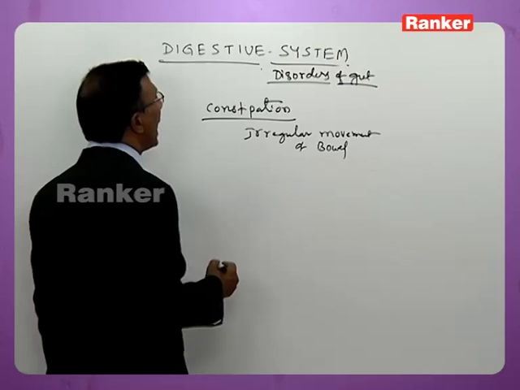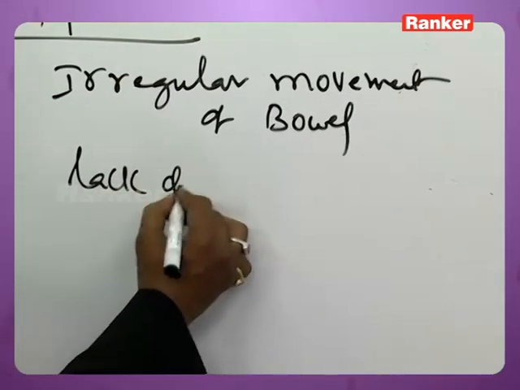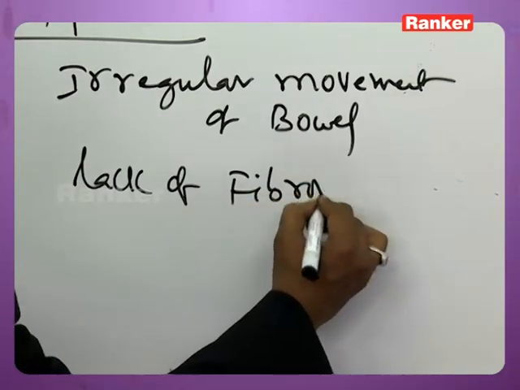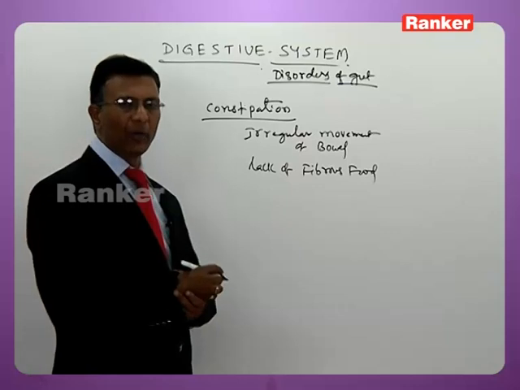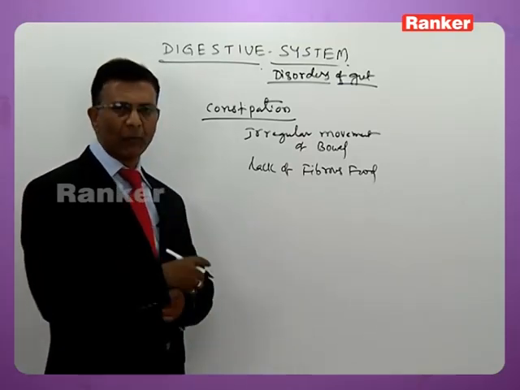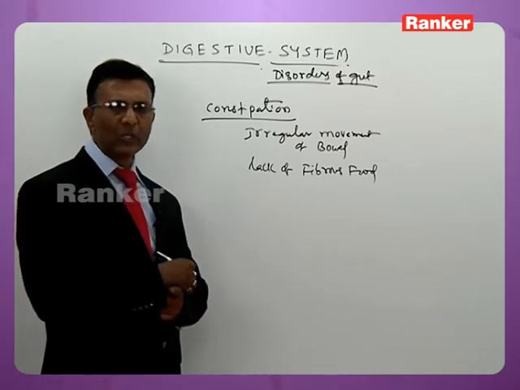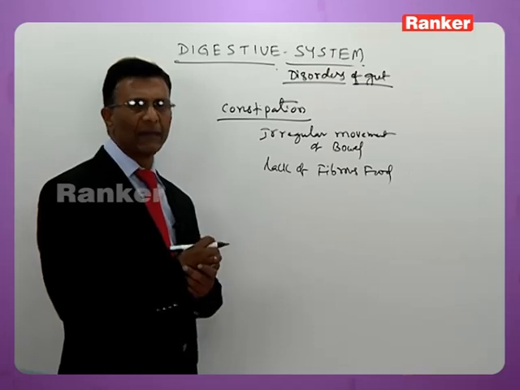Constipation may occur due to lack of fibrous food in the diet. If you don't take proper fibrous food, that reduces peristaltic movement. Because of reduced peristaltic movement and irregular bowel movement, there will be retention of solid waste.